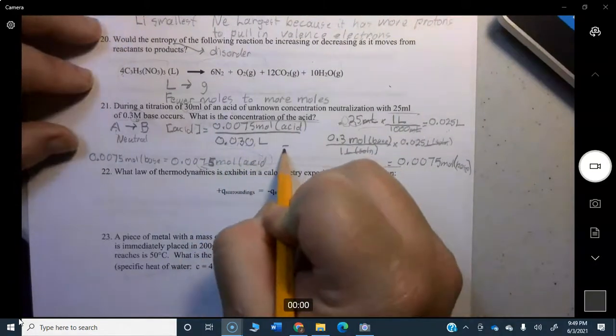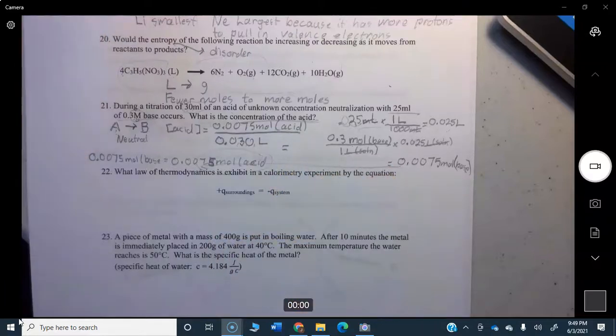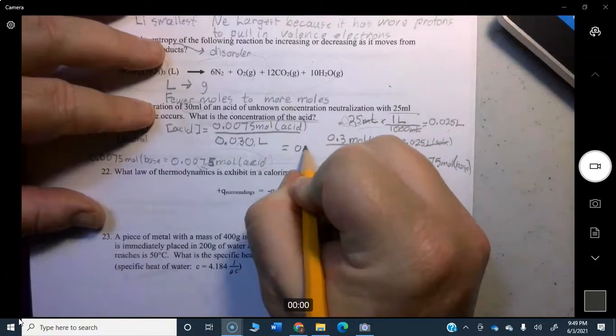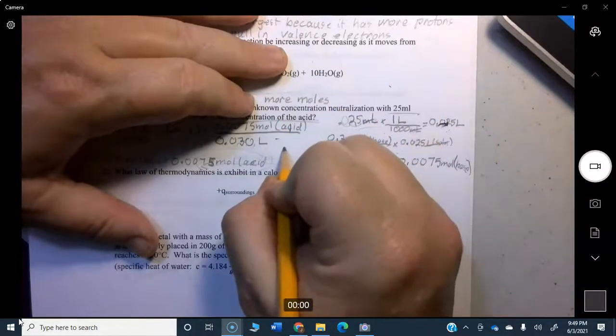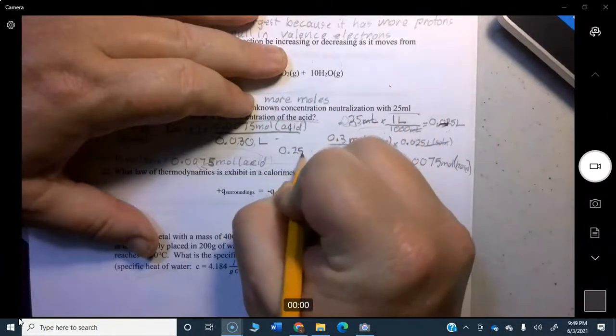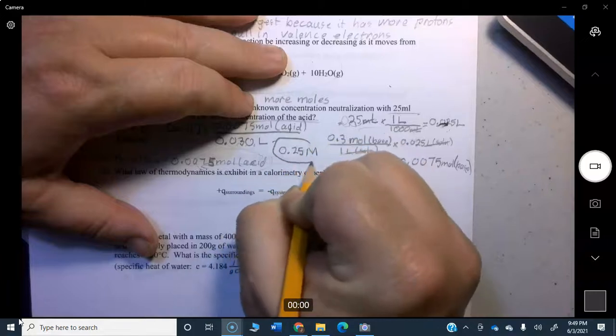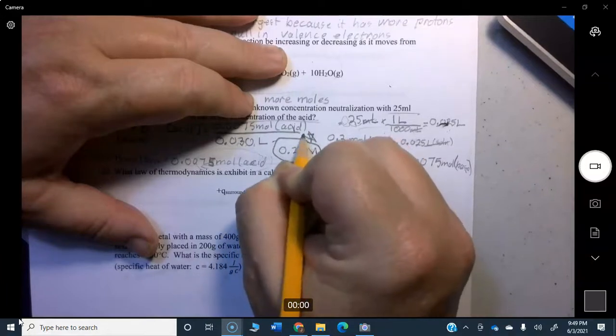Again, we took the decimal from behind the 0 right there and moved it over 1, 2, 3 positions, and that's liters. Okay, so that's going to equal, I'll write the answer here, just do the calculation. 0.25. And that's the concentration of the acid. And that's molar. And that's your final answer. Okay, I'll put a little star because there's a lot of writing on this.